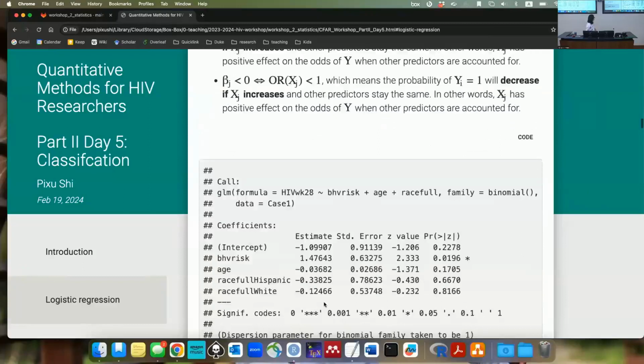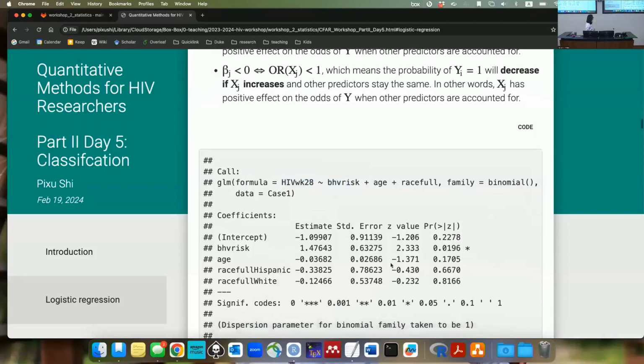So in the HIV case, we have the outcome at 28 weeks, and then the behavioral risk, the age, and the race. This is just an illustration. You can see the coefficient estimates are here, the p-values are here.